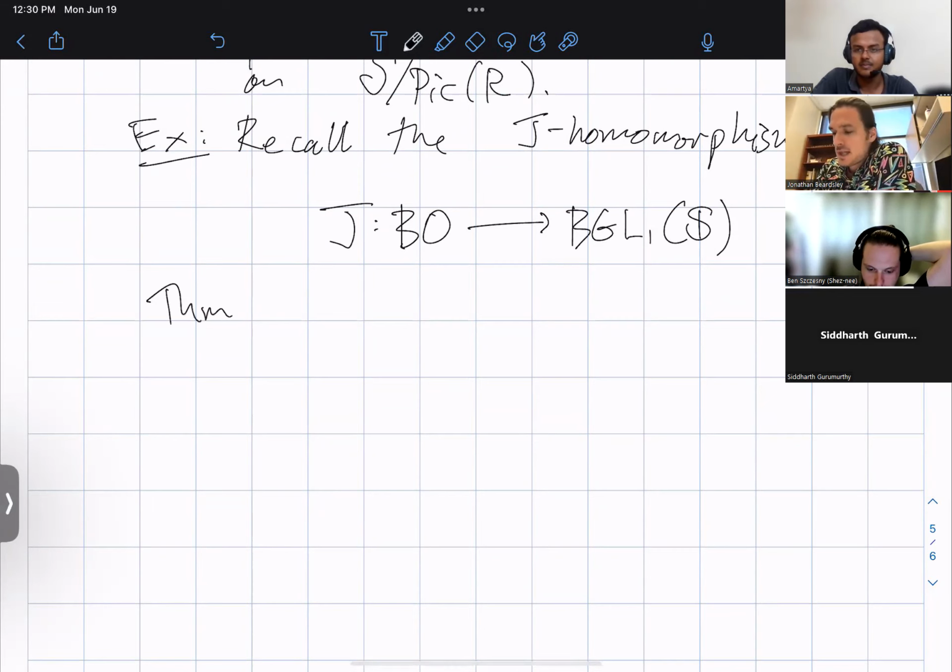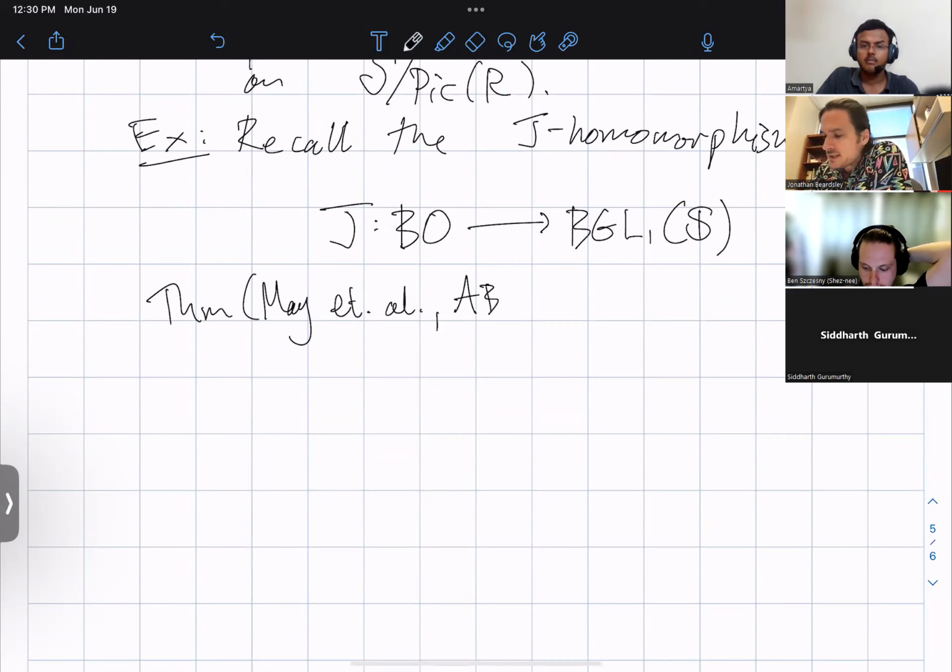And so here's a theorem. Again, probably originally this goes back to May, but of course is also written in this framework in ABGHR.